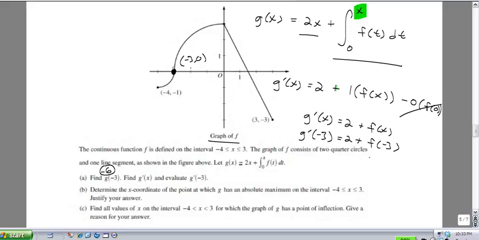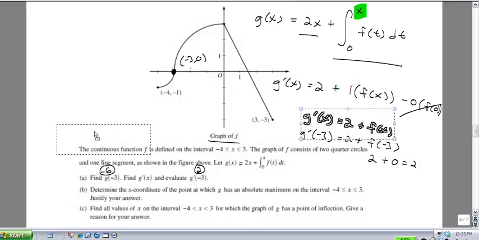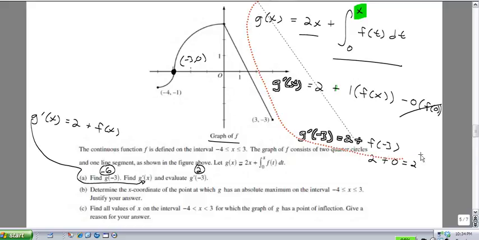So 2 plus 0 equals 2. So I got g prime. I'm going to probably need that. Put that guy over there. And that was my answer to g prime of x. So I got that. Okay. Next question.